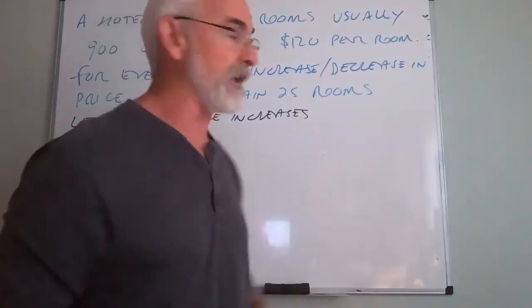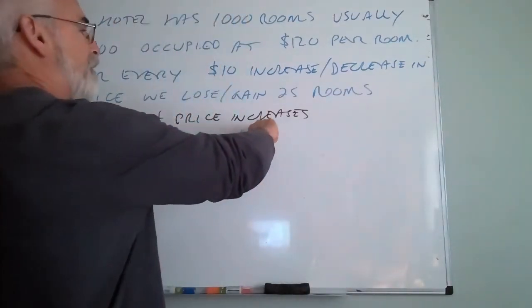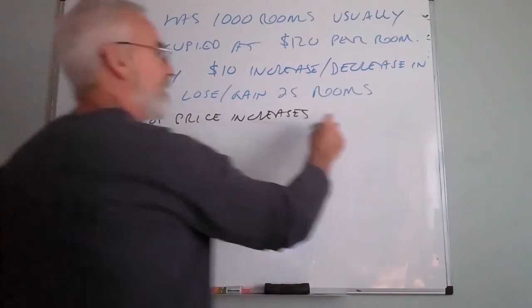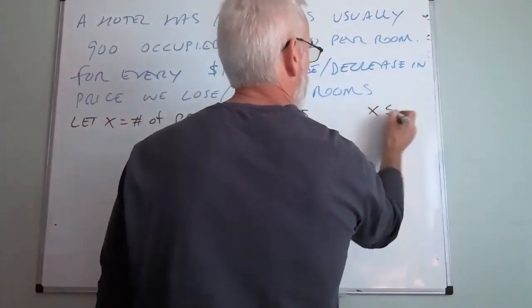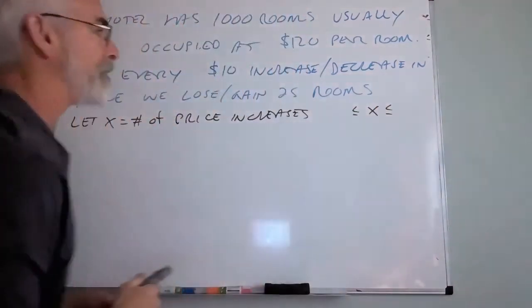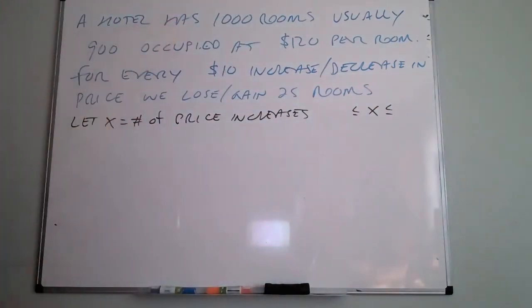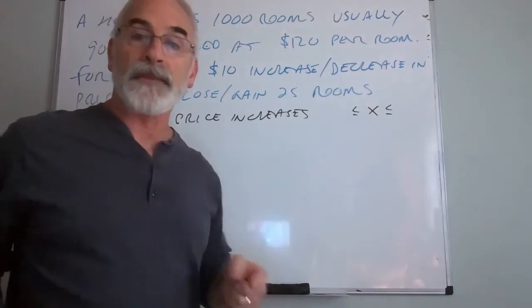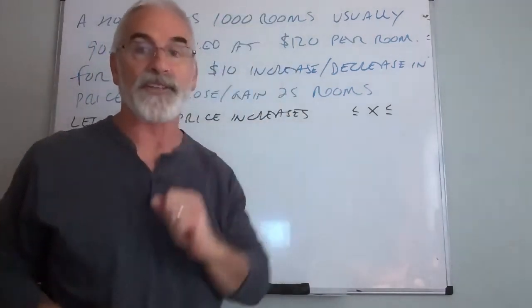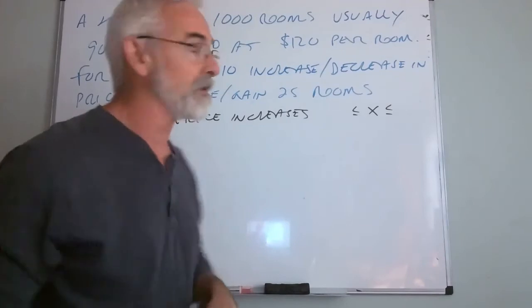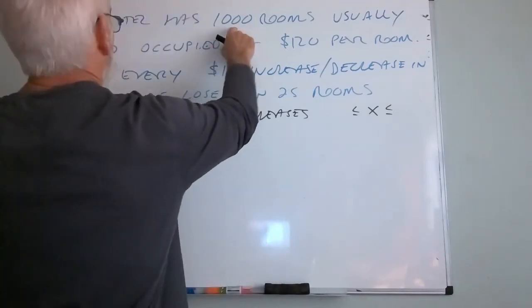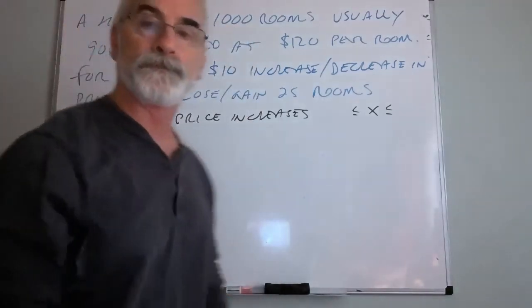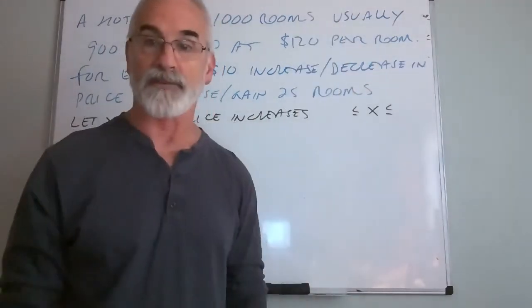So anything's fair game. So if X is the number of price increases, then we need to put a bound on X. Well, what am I bounded by? I only have 1,000 rooms. So let's think about this. If I'm gaining 25 people every time I drop the price $10, I only have room to gain 100 more people. I can't have more than 1,000 people.